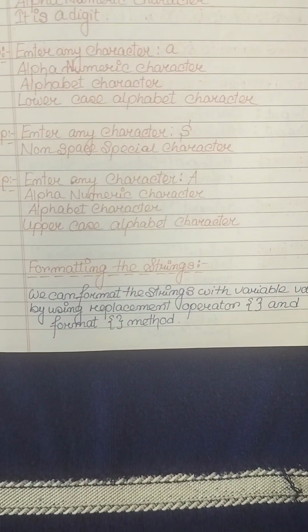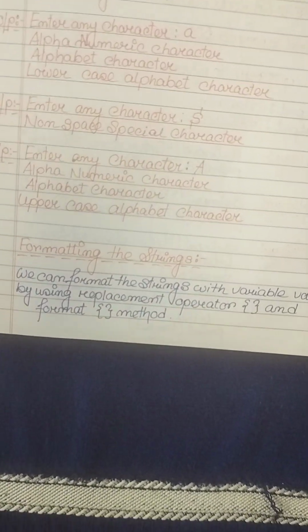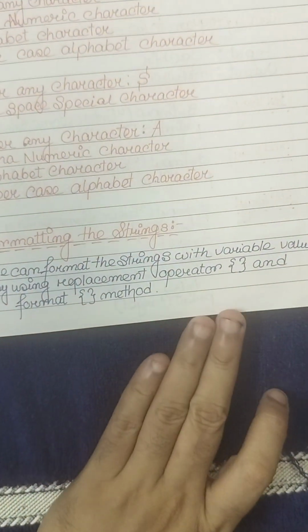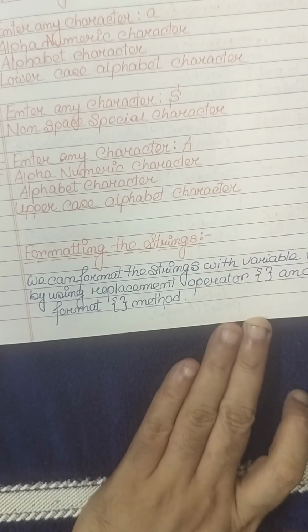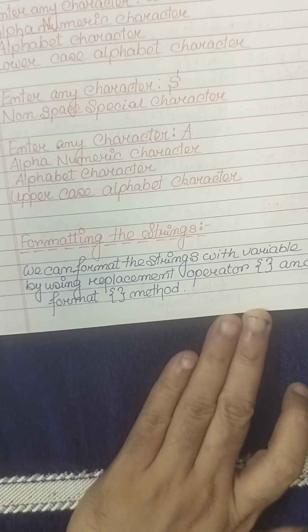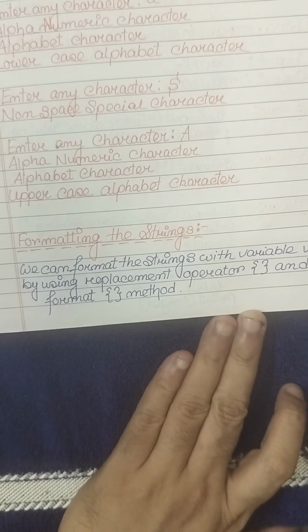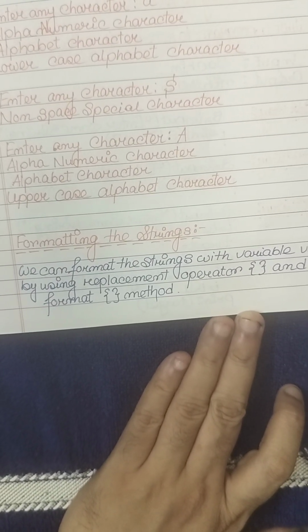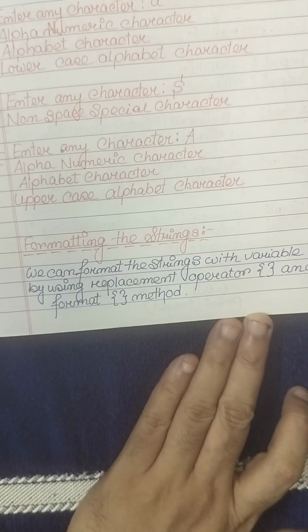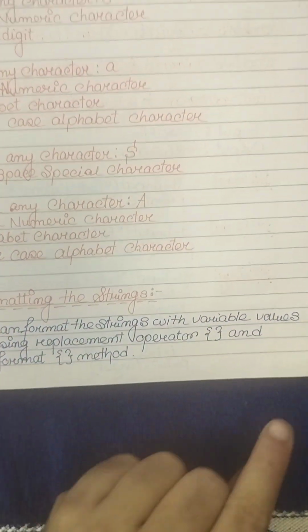Okay, now we are going to describe the formatting of strings. We can format the string with variable values by using the replacement operator, curly brackets open and close, and the format method.